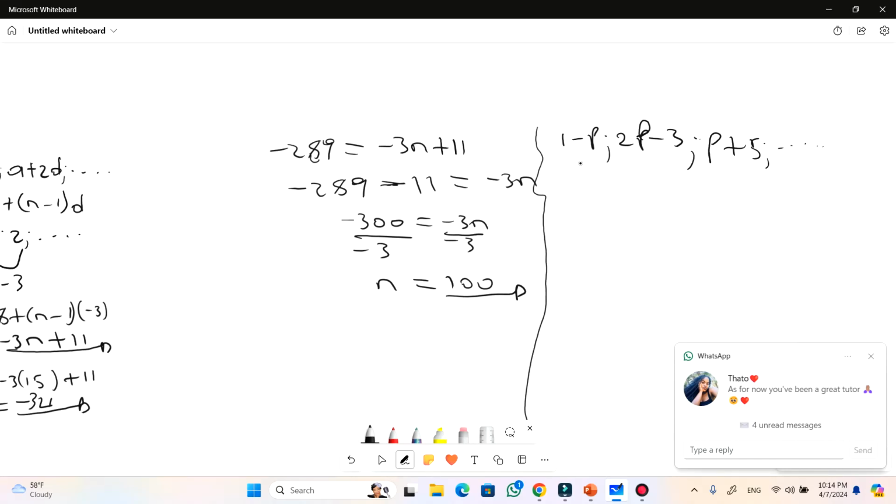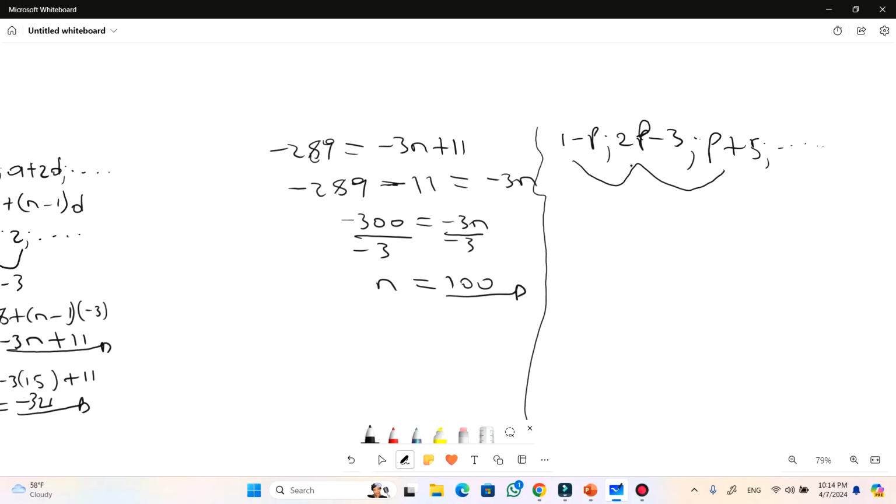So to get the common difference, you'll just say 2p minus 3, and then put the brackets so that you cannot make things complicated, minus 1 minus p, is equal to p plus 5 minus, what? Minus 2p minus 3.